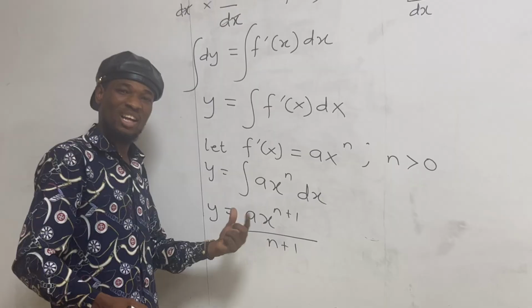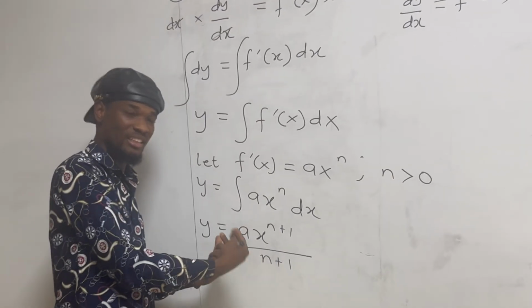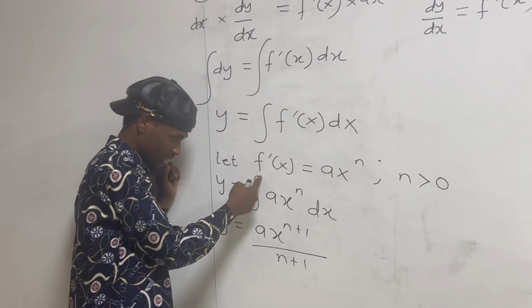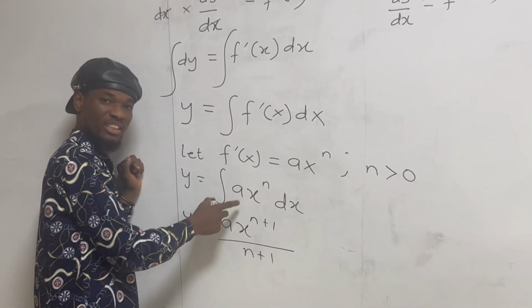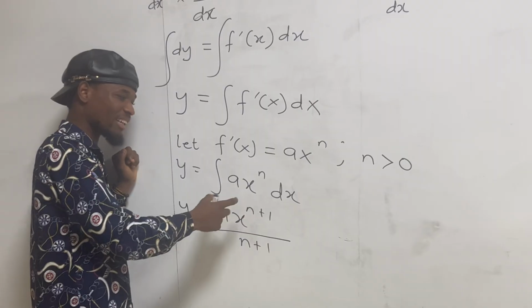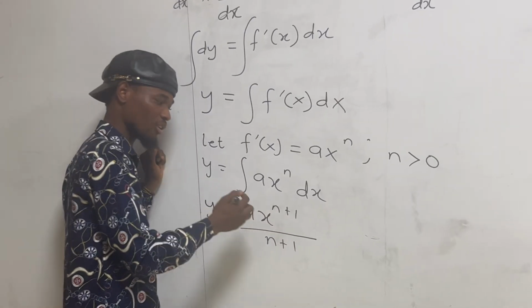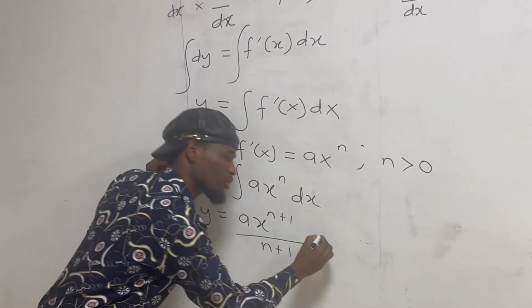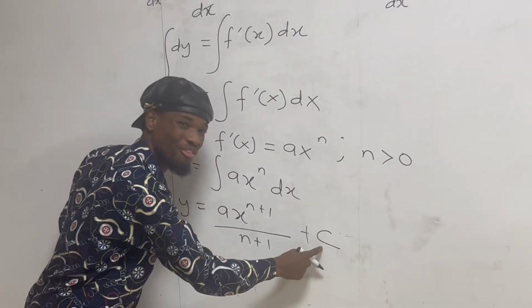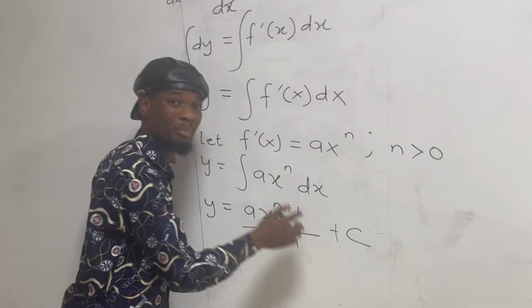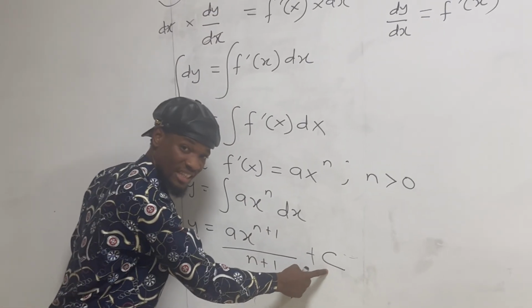But because we are dealing with indefinite integral, see, when I wrote this, that's the integral of this, I didn't indicate any limits. So this is indefinite. And whenever you are dealing with indefinite integral, you always add the constant of integration. This is very, very important. You can be penalized for not adding the c.